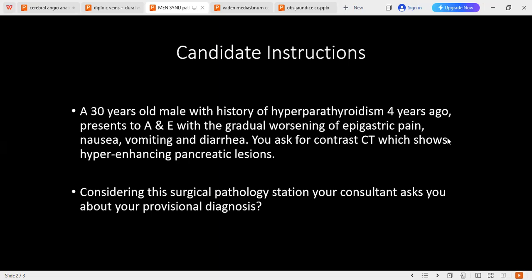These patients with hyperparathyroidism can sometimes present with stupor, confusion, and hypoglycemia. What might be the underlying cause? Zollinger-Ellison syndrome or insulinoma. What might be the other causes of unresponsive hypoglycemia?